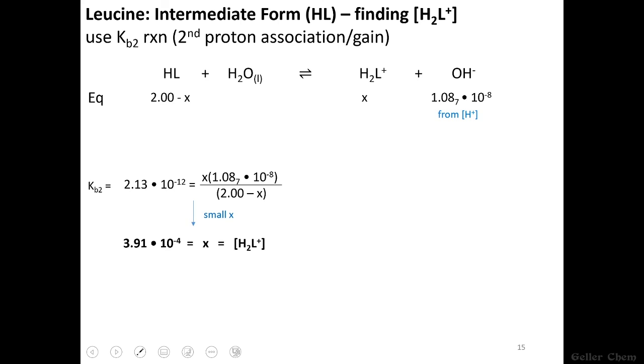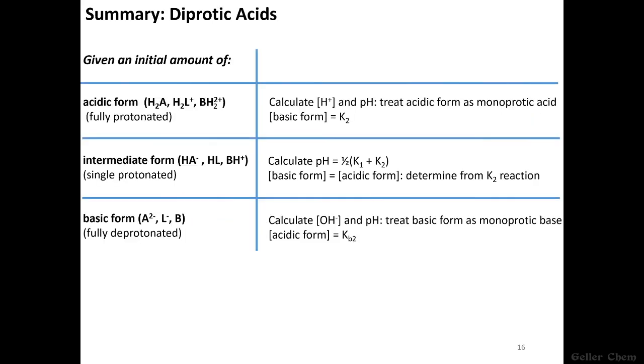And so we really do only have to solve for one of them. And so to summarize all of the various calculations that you've been learning, go to slide 16. It gives you details on calculating concentrations of various species and the pH values for initial amounts of acidic, intermediate, or basic forms of our species.